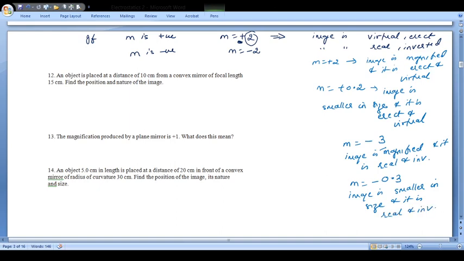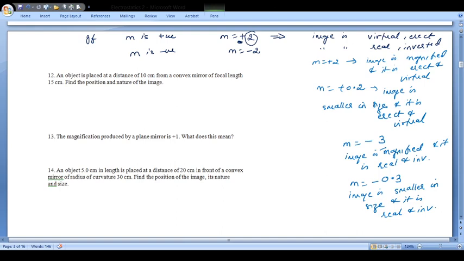So students, when you see magnification as plus 2, or you say magnification as plus 0.2, many times you feel as if this plus indicates that it is magnified or minus indicates that it is smaller in size. No, this plus and minus will only indicate whether your image is virtual and erect.